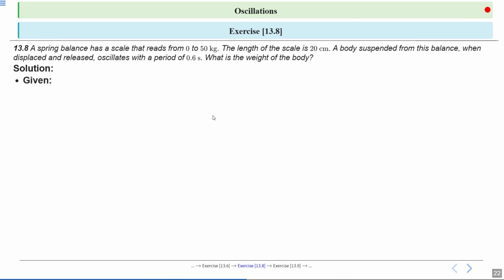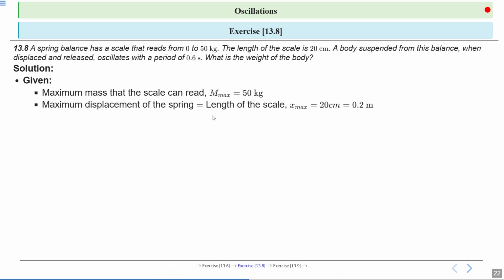Now, first let's list out all the information in the problem. This helps us organize what we know before starting any calculations. So the maximum mass that the scale can read, m max, is equal to 50 kg.